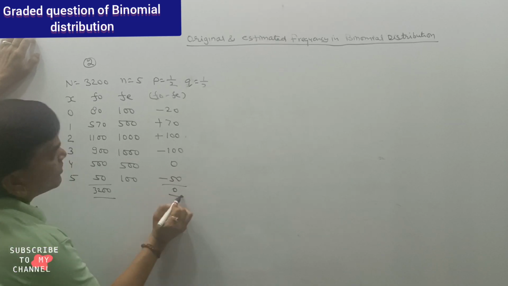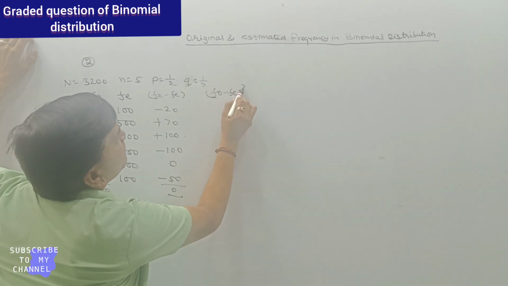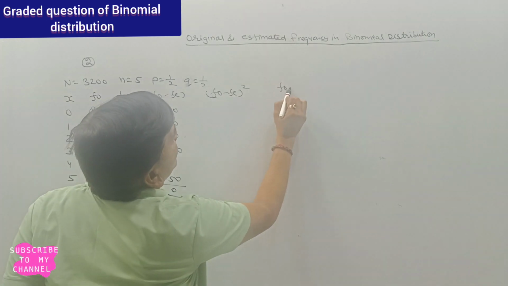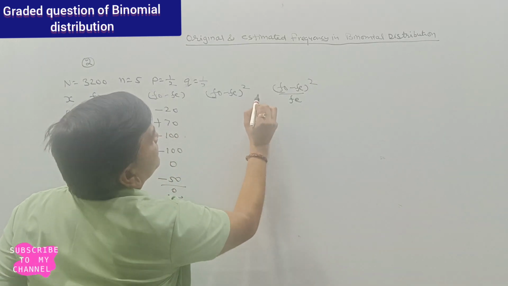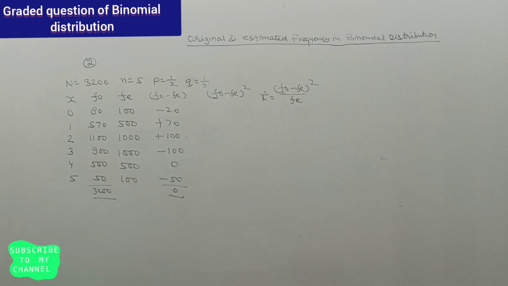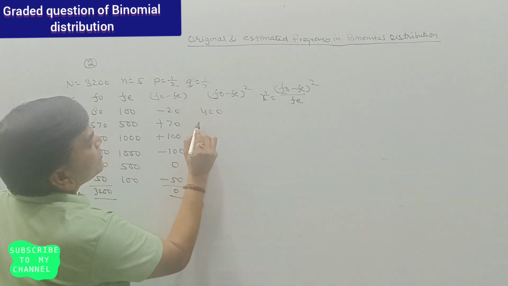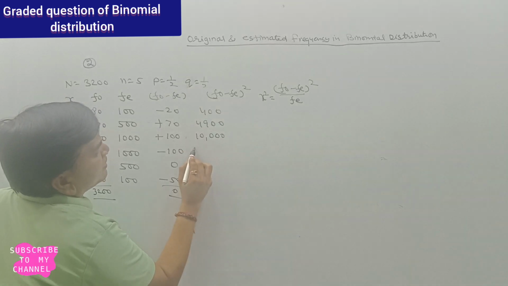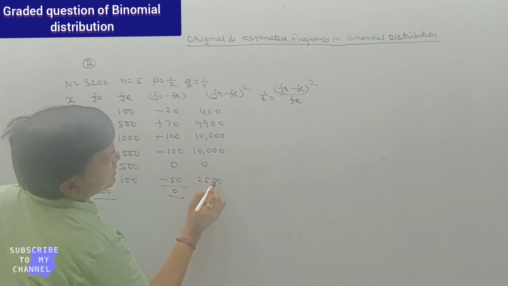Now original minus estimated, squared, and the chi-square test is original minus estimated squared divided by estimated. That is the chi-square test. So firstly we square these: 400, 4900, 10,000, then 10,000, then 0, then 2500.